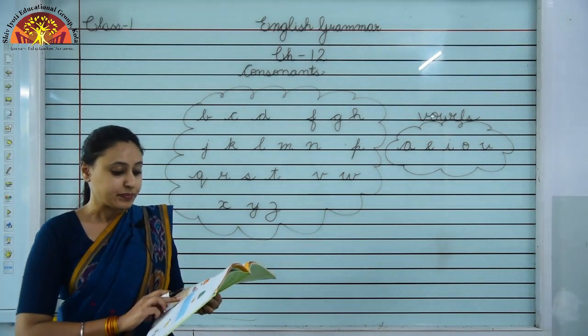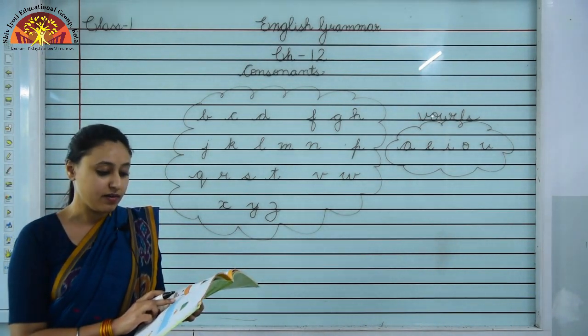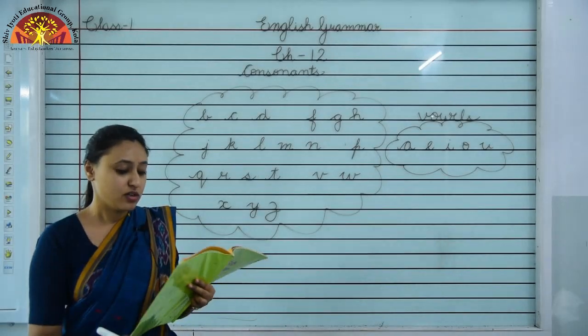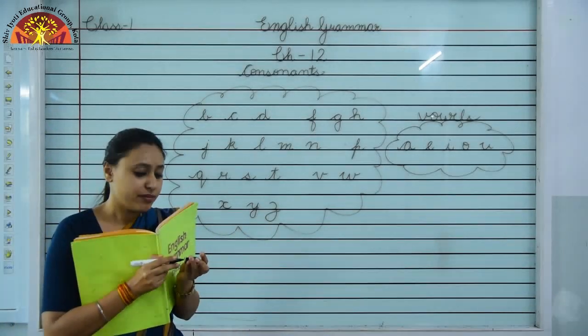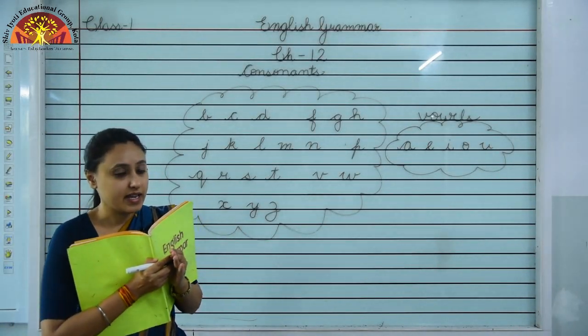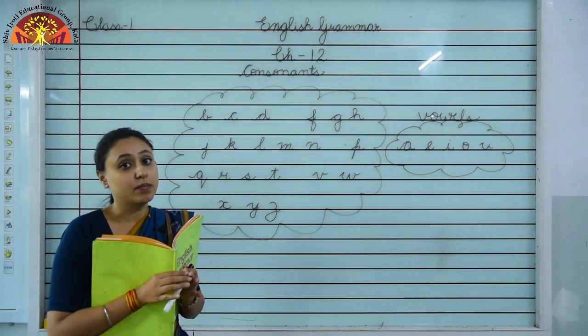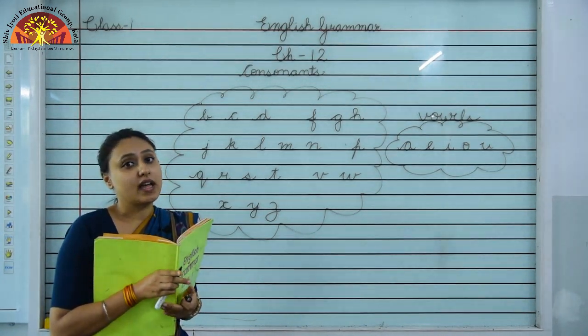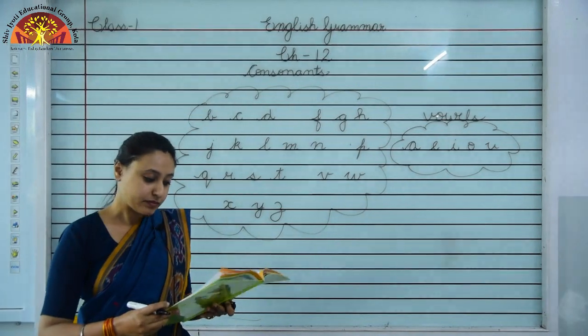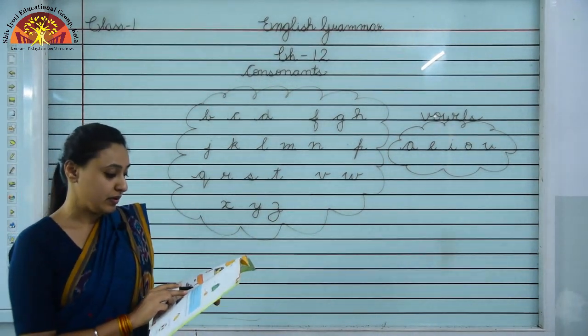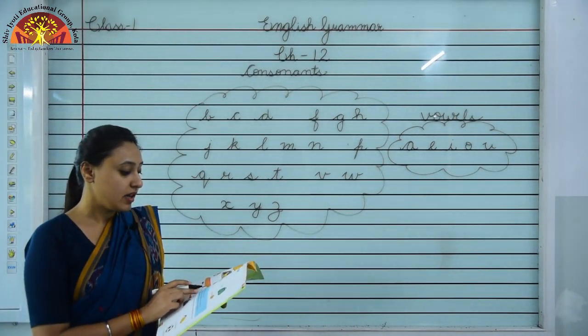So children, we use a and an when we talk about one thing. So whenever we talk about one thing, we use a and an, like a bat, a ball, an orange, an apple. Okay. Now let's learn about an.